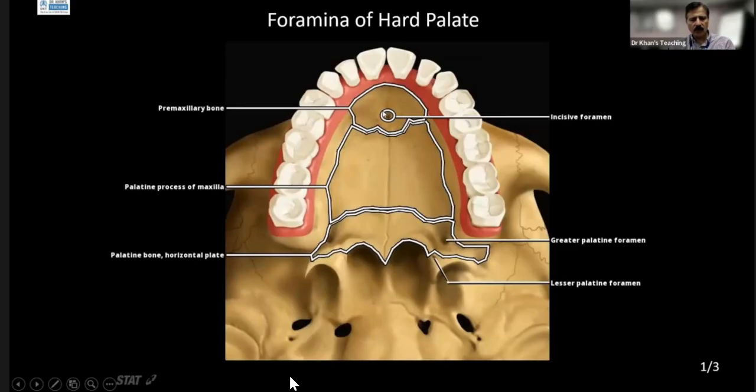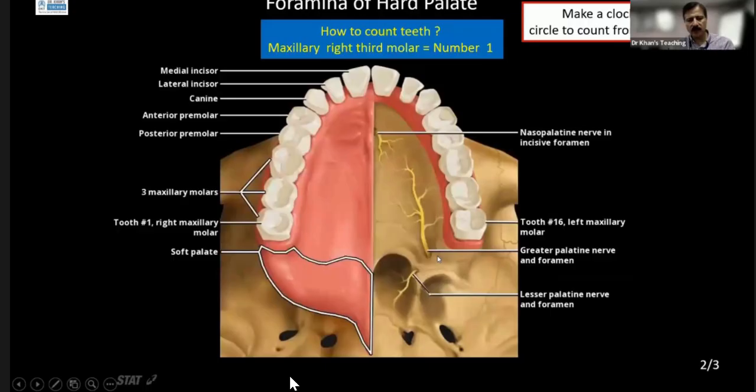One is this incisive foramen, and the second one is here, which is the greater palatine foramen, and a smaller one next to it, which is the lesser palatine foramen. In the incisive foramen, the nerve which passes through is the nasopalatine nerve. Here, the greater palatine nerve, and here, the lesser palatine nerve.